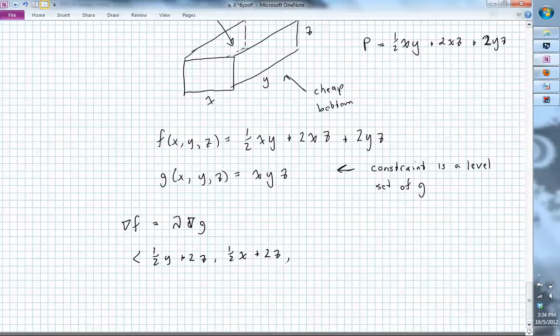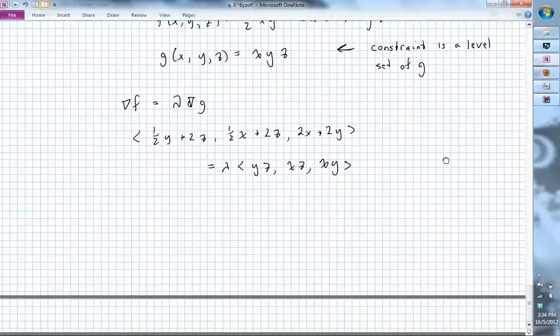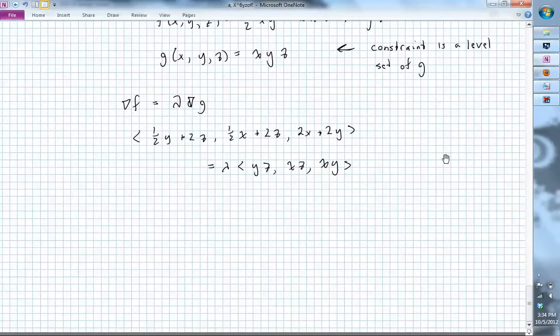With respect to z, 2x plus 2y. Has to equal lambda times the gradient of g. The gradient of g is the derivative with respect to x, derivative with respect to y, derivative with respect to z. I've got 3 equations plus the constraint equation.